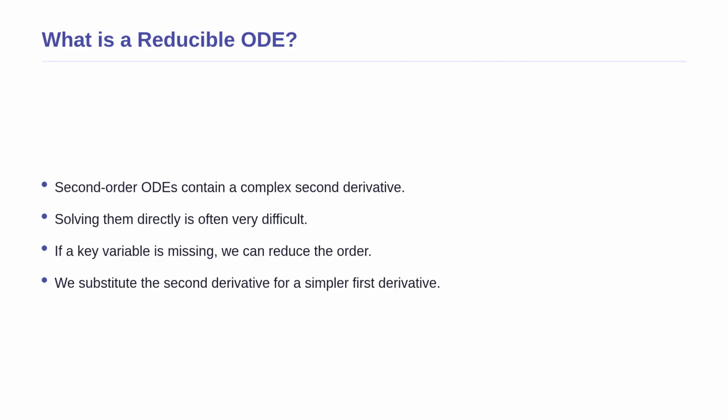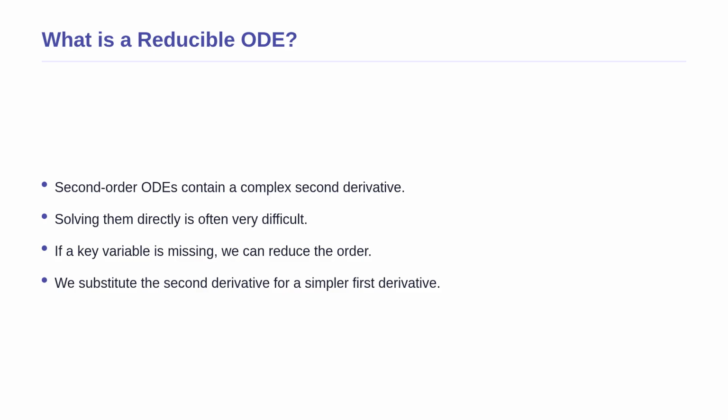A reducible second-order ordinary differential equation is a special type of equation that involves a second derivative, but it lacks either the dependent variable, usually called y, or the independent variable, usually called x or t. When an equation is missing one of these two specific letters, we can introduce a new temporary variable, typically called v, to represent the first derivative.